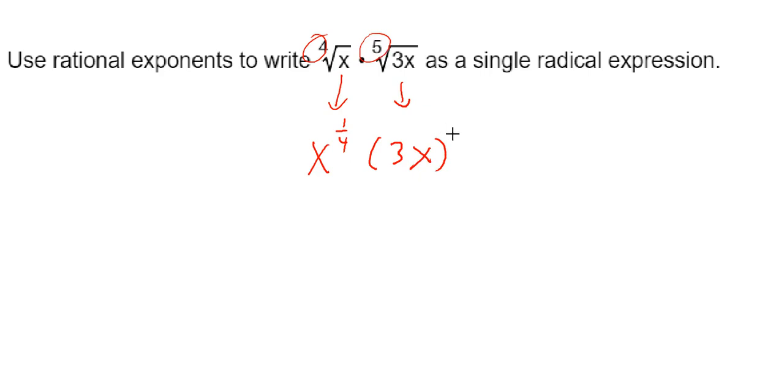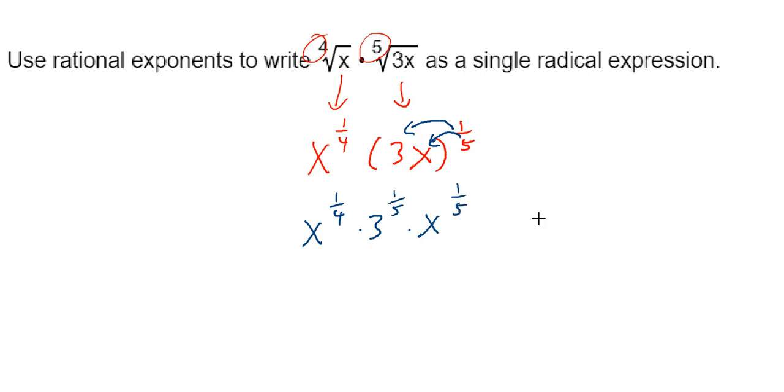And then a fifth root is a 1/5 power, so I'll rewrite that fifth root as a power of 1/5. Now I can distribute this power of 1/5 into the parentheses here, and so they both get raised to the 1/5 power. So we'll have 3 to the 1/5 power, and we'll have x to the 1/5 power.